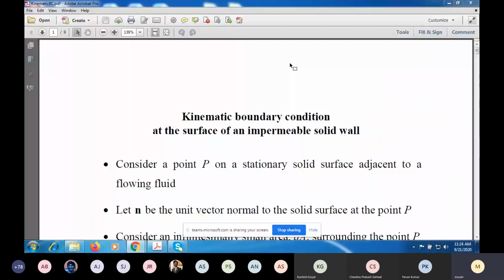Is the new document visible? Yes, sir. Yes, sir. Okay.